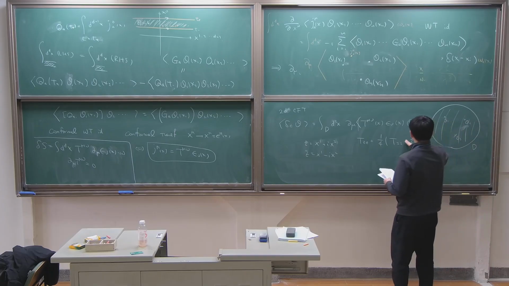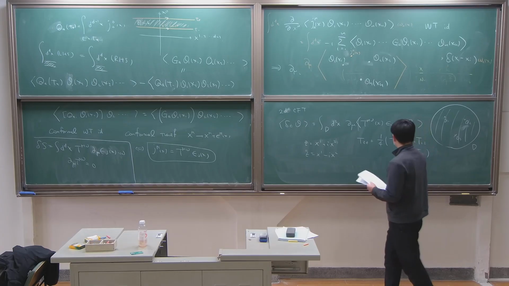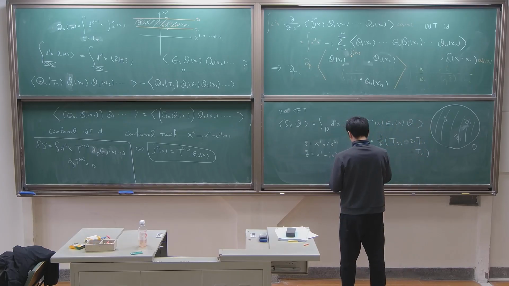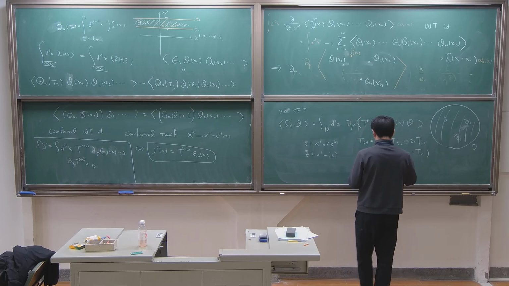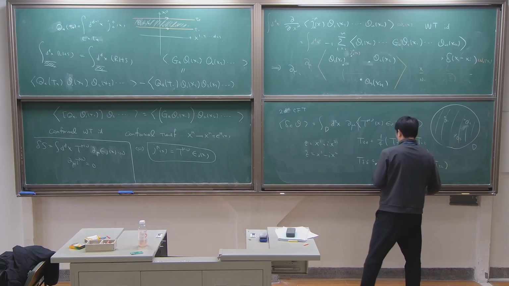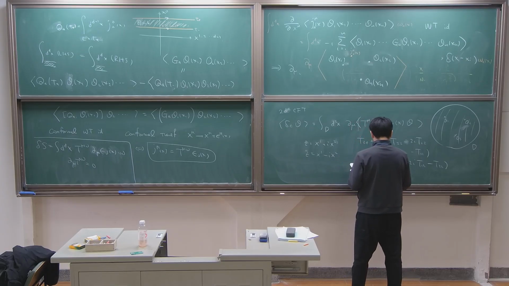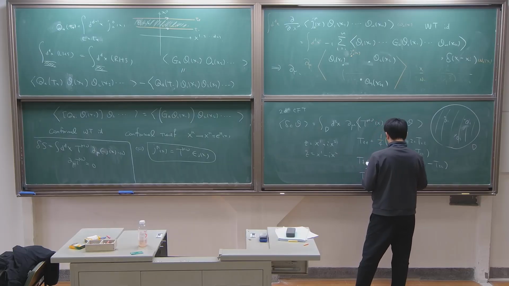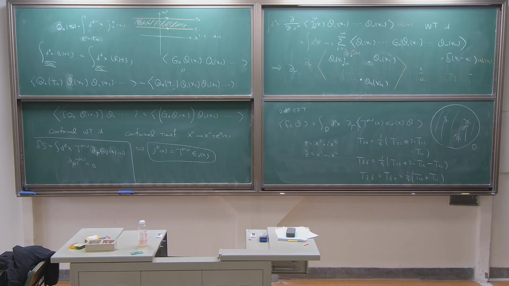Sorry, this is a minus sign. And then T_z-bar z-bar is a quarter of T_22 plus T_11, like this. So that's how we transform.